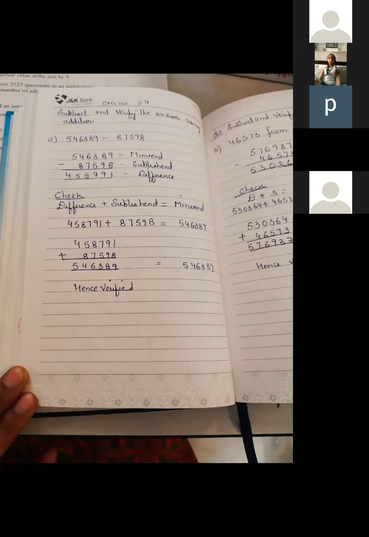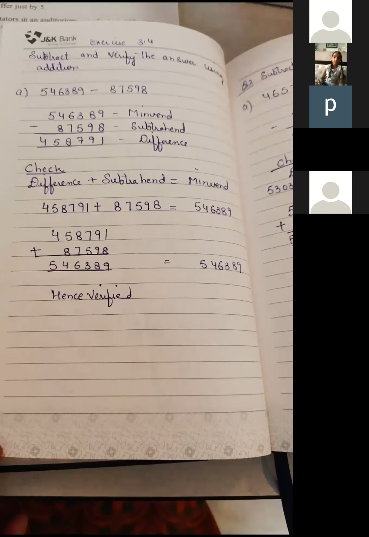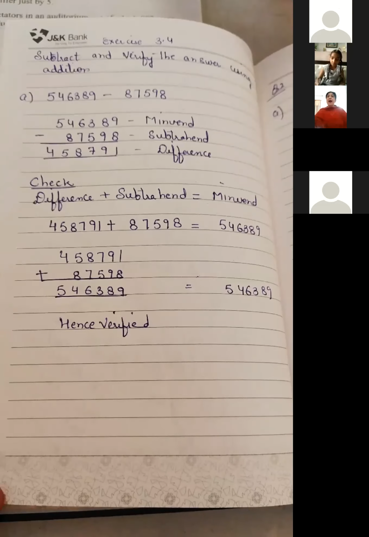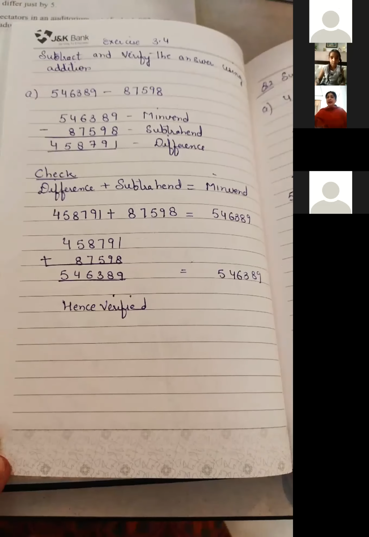Okay, this part. Everyone, now have a look at how to check the answer. Clear? So I have written the question: 546389 minus 87598.